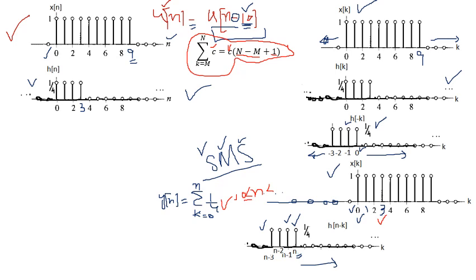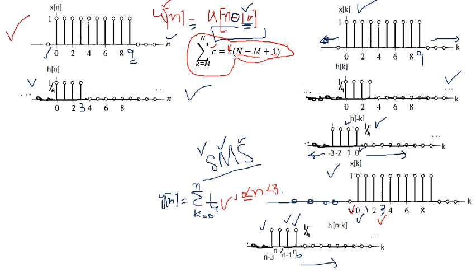The moment we cross the 3, we will have the complete overlap. In this case the lower limit is 0, the upper limit is n. But when we have the complete overlap, both the upper limit and lower limit are variable. So this is valid for this, right?